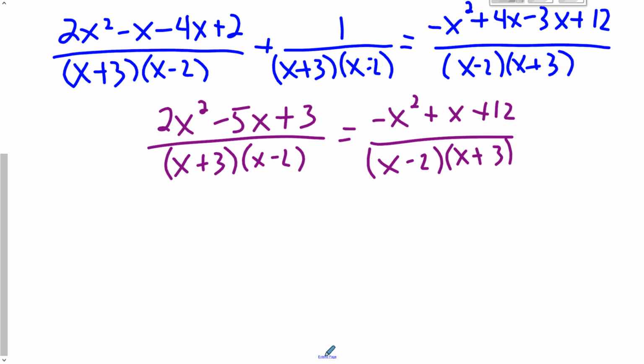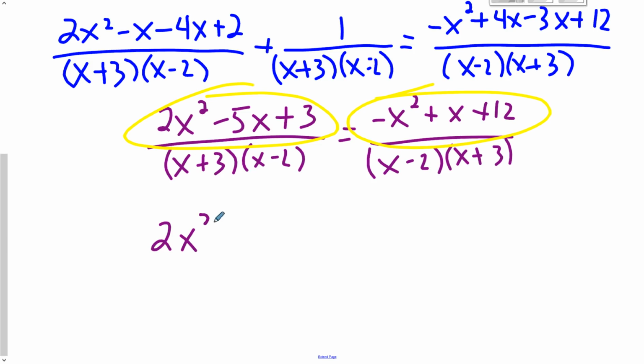Okay, let's solve it. So remember, like I said last time, we have to set the numerators equal to each other and solve for x. So let's do that. We've got 2x squared minus 5x plus 3 equals negative x squared plus x plus 12.